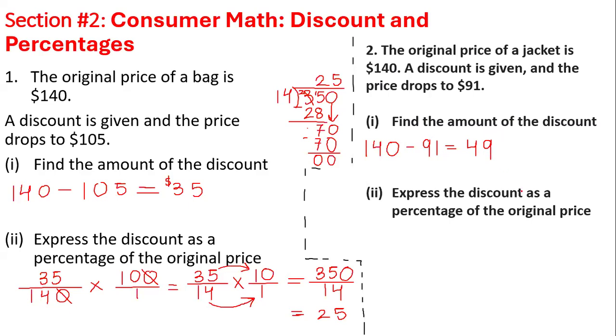But if we want to express the discount as a percentage of the original price, what are we going to do? Put the amount we got just now, 49, over 140. Very good. And we have to multiply that by 100 over 1.